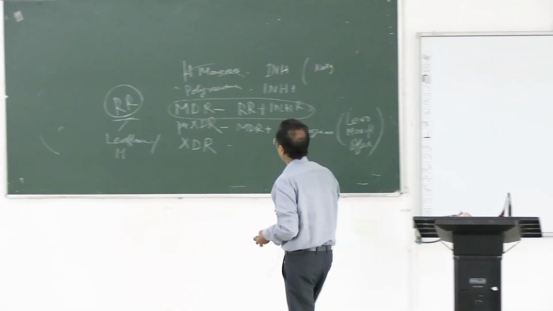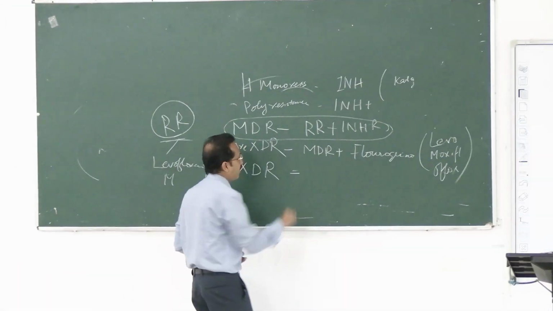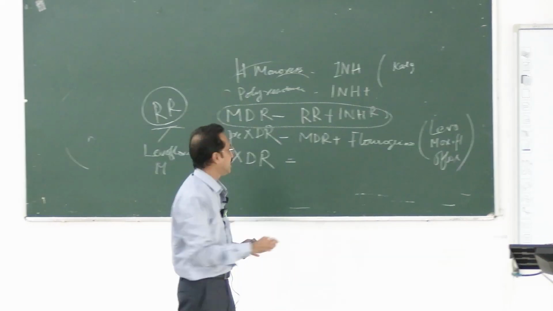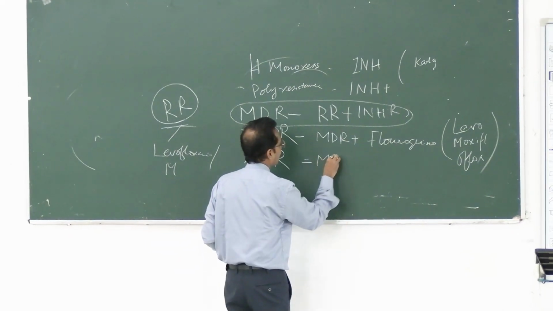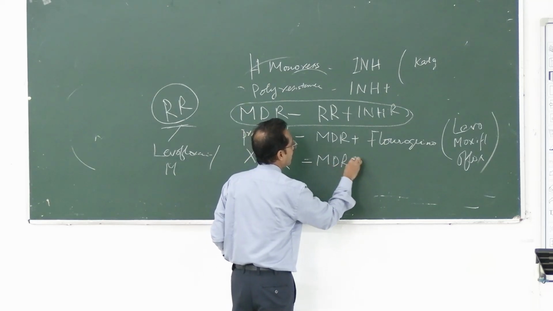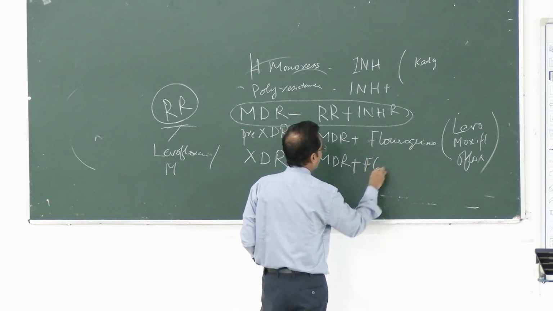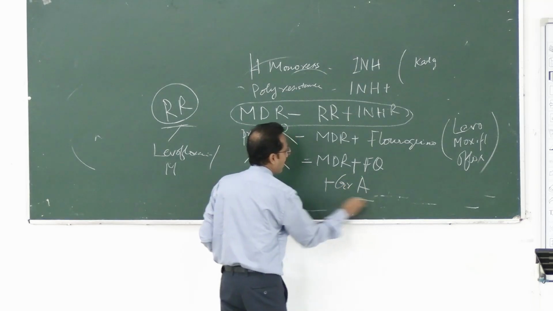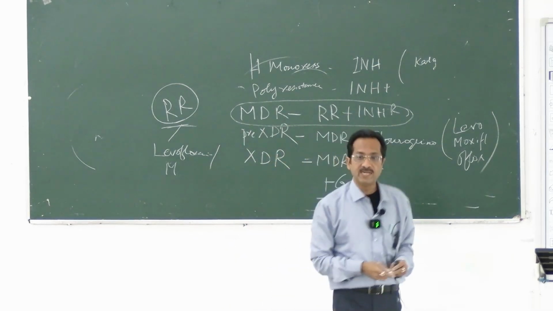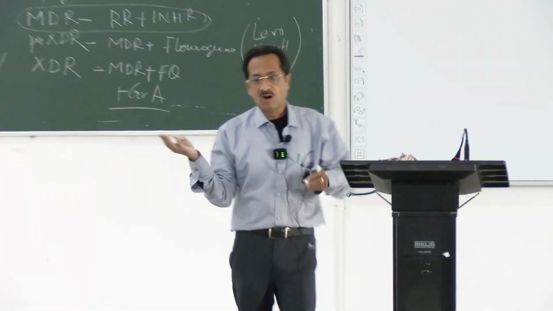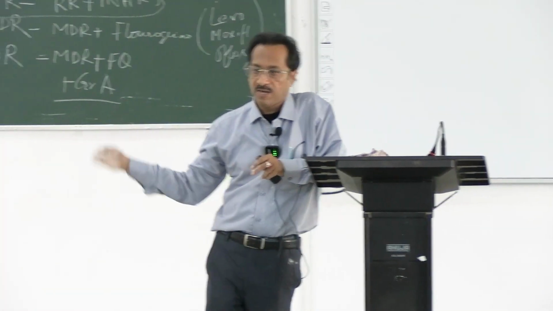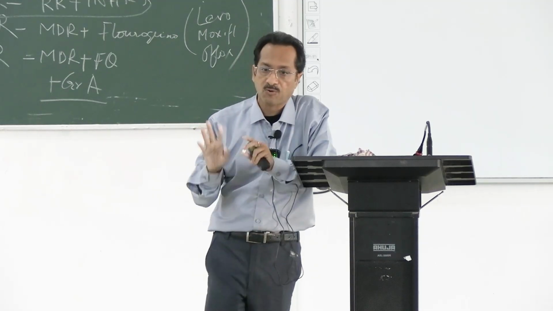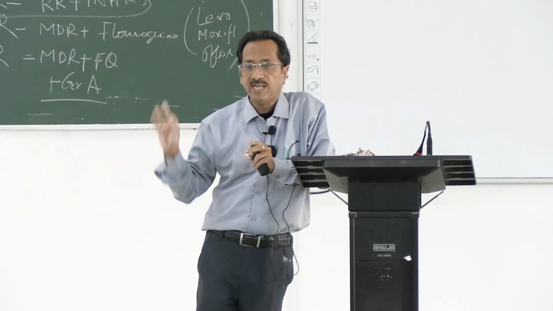And the XDR definition was previously what? MDR plus one of the injectables. But the new definition is MDR plus fluoroquinolone plus one group A drug. So what are the group A drugs? Group A drugs are bedaquiline and linezolid.